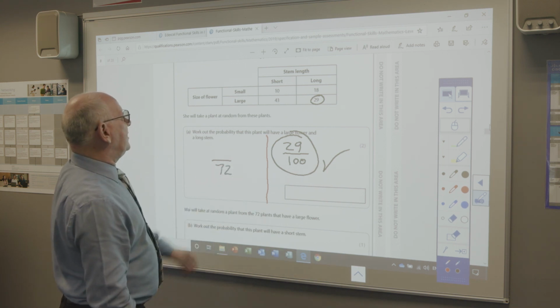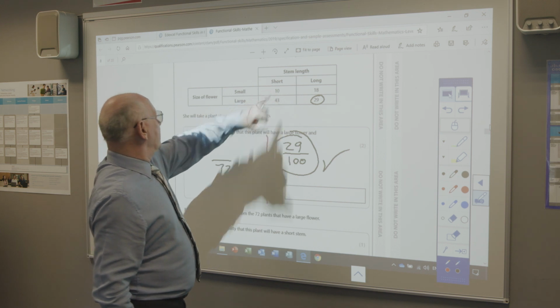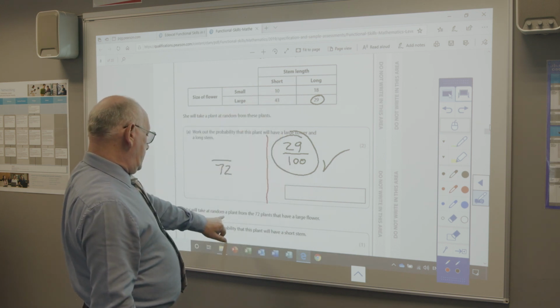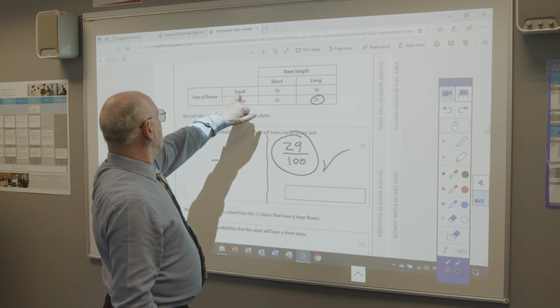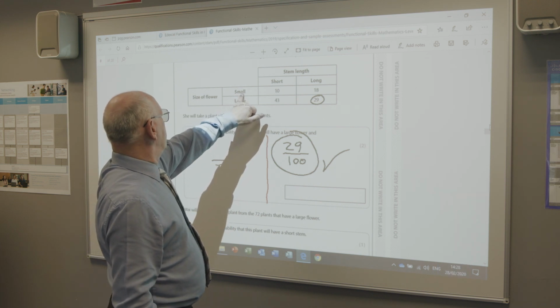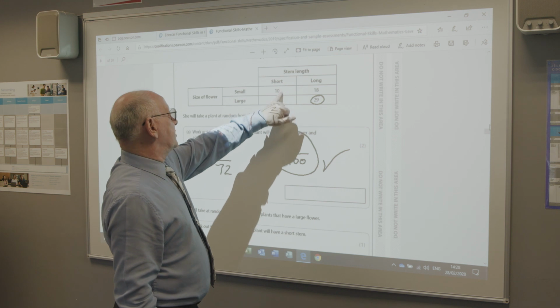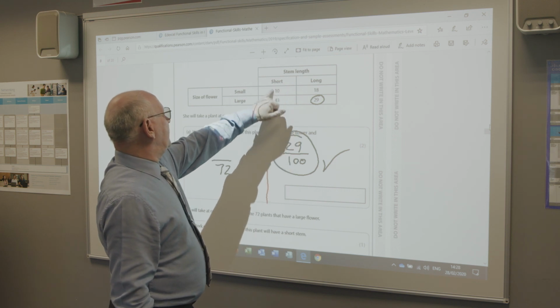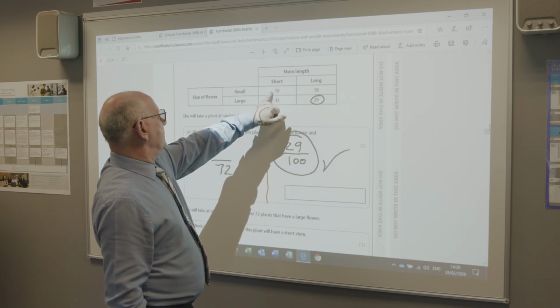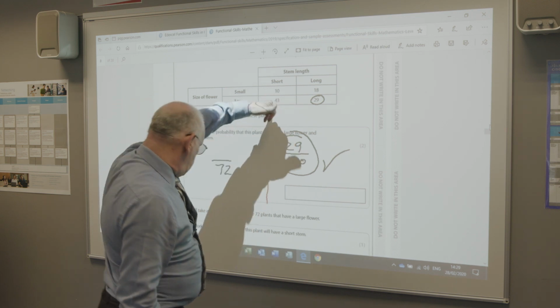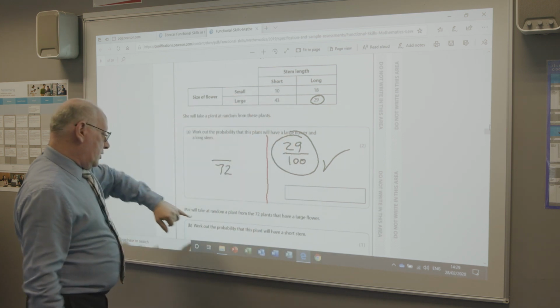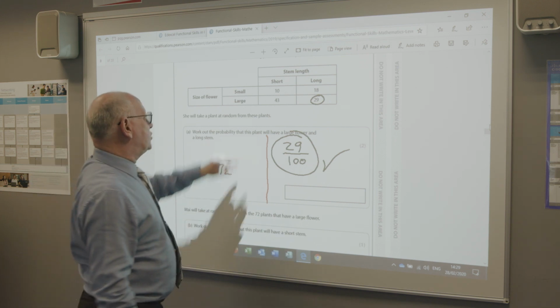All you've got to work out now is how many have got a short stem and a large flower. Short stem, large flower, 43. Work out the probability that this plant will have a short stem.